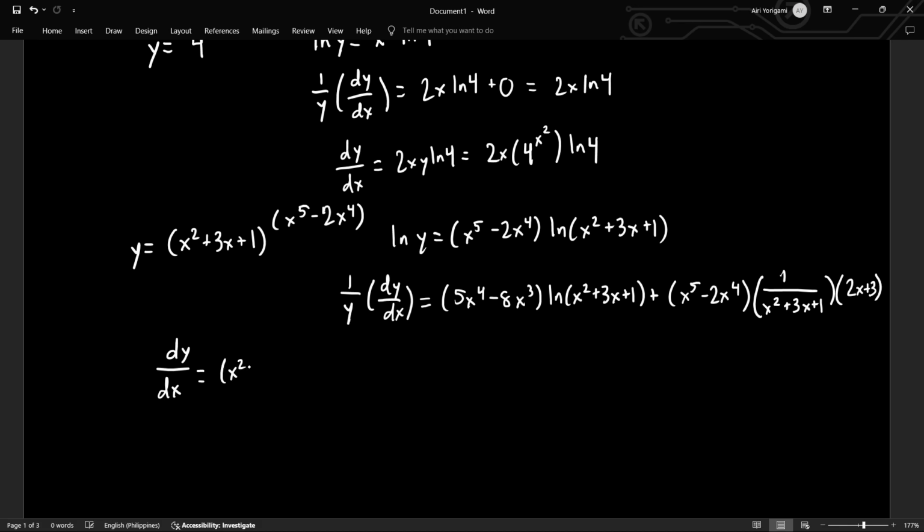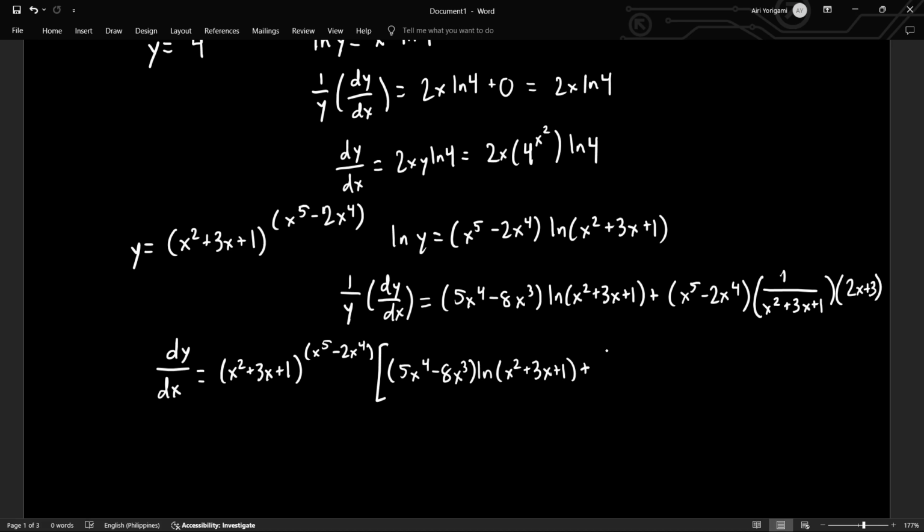So this is x squared plus 3x plus 1 raised to x to the 5th minus 2x to the 4th times, let's make that a square brace because it's a bit long, 5x to the 4th minus 8x cubed ln x squared plus 3x plus 1 plus, we can distribute x to the 5th minus 2x to the 4th times 2x plus 3.